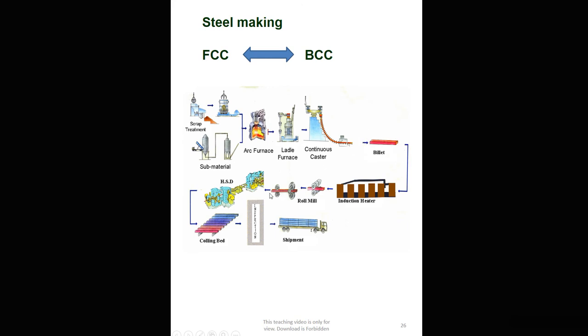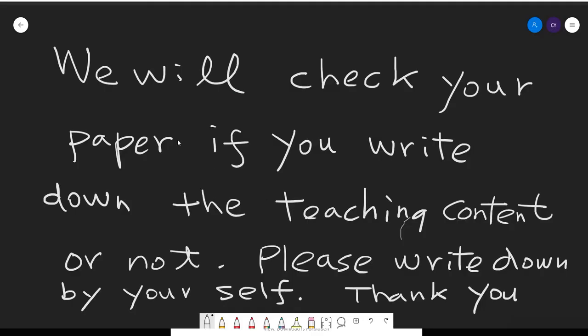We need it to become steel bar, so we need to heat it again. Heating again, it becomes ferrite, FCC structure, and very soft. Then we can roll it to small size and become steel, and then it can go to the construction site.